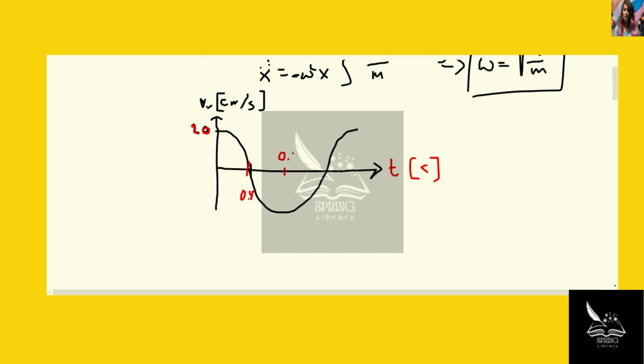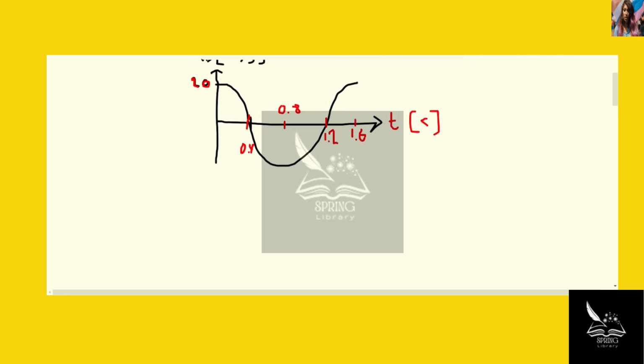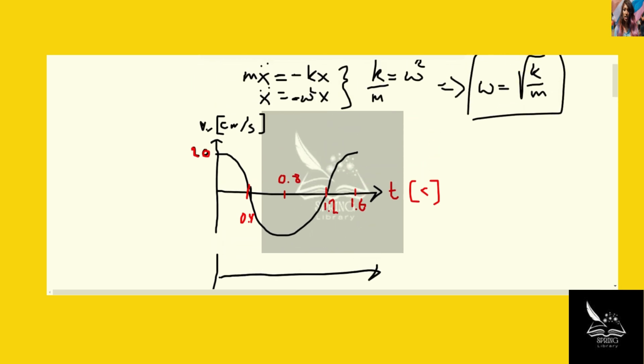And here we're at 0.8, 1.2, and this here is 1.6 seconds. Now, if we would plot the sinusoidal function, the x position just right below it, it would look approximately the same, just as a sinusoidal function.